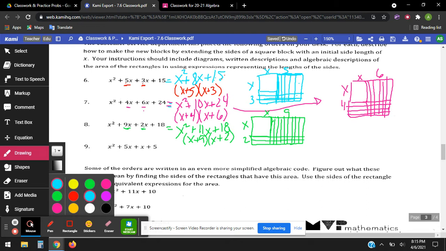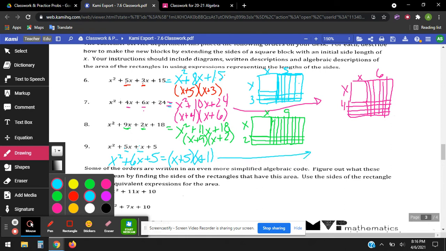All right, last one. Got 5x and 1x. So x squared plus 6x plus 5. We know that's going to equal 5 plus 1 is 6. 5 times 1 is 5. X plus 5, x plus 1.